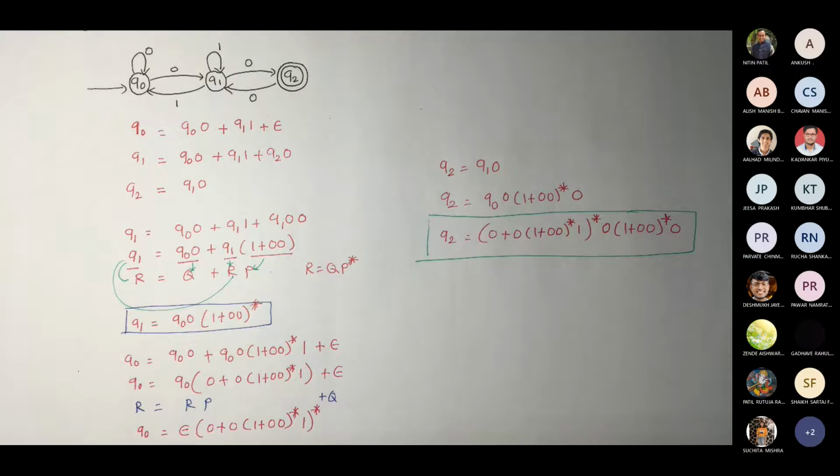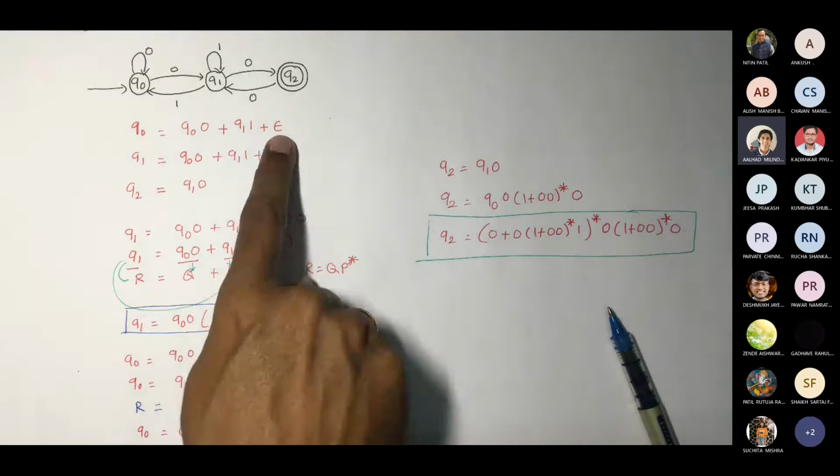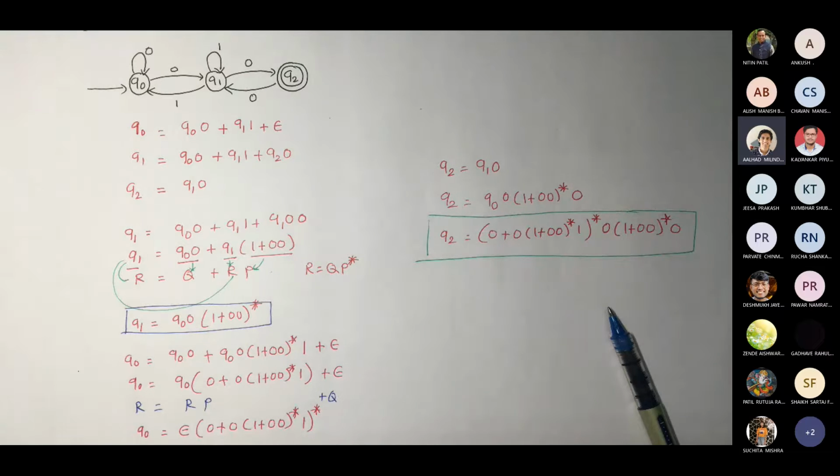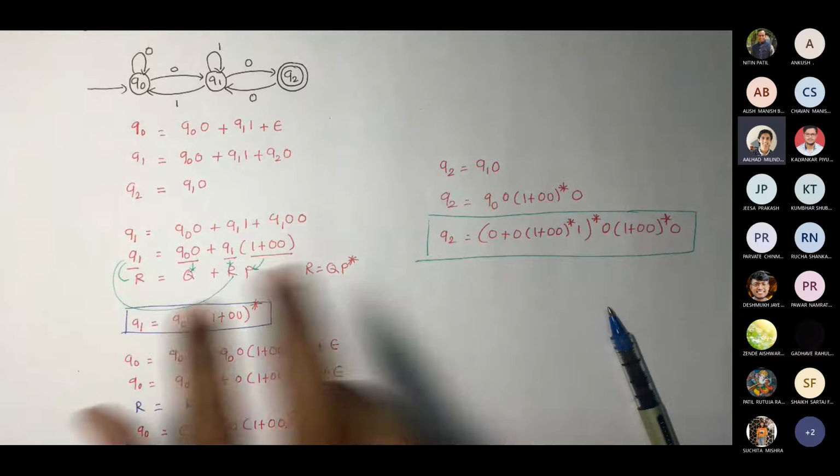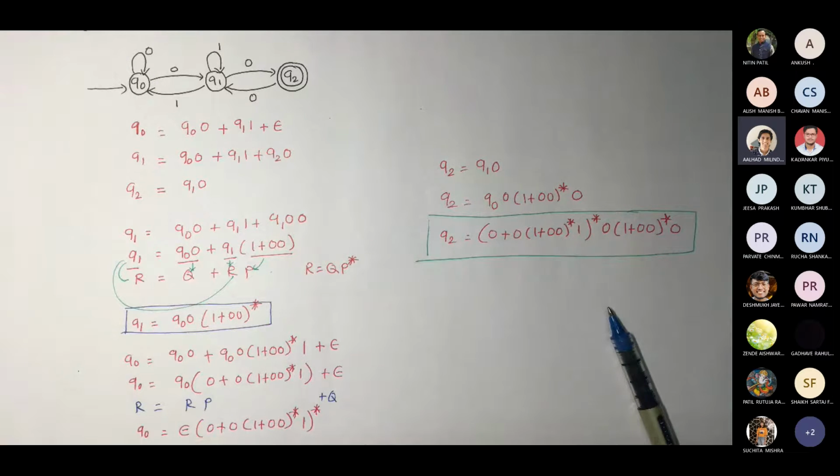Fine? No, sir, this wasn't my doubt exactly. In the equation for Q0, you wrote Q00 plus Q11 plus epsilon. When writing these equations and when we need the regular expression, we cannot change the position. So I cannot write 0 star 1 plus 0, otherwise it would be completely wrong.